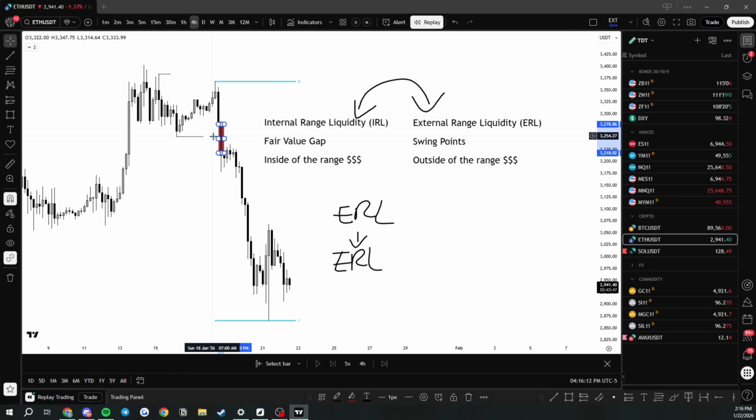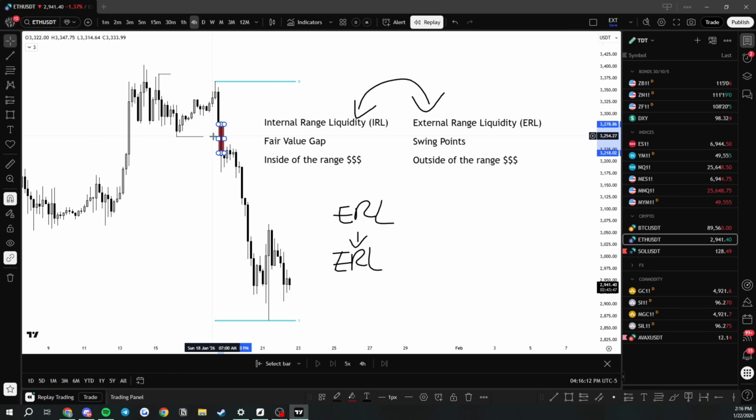ERL. Price takes out ERL, moves significantly lower, takes another ERL. Where should price go from here? It should go to IRL, right? And in a bearish trend, when we go to IRL, we expect that now we target ERL, right? So that's a very quick example of IRL, ERL in action, right?